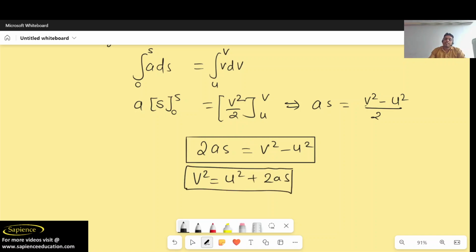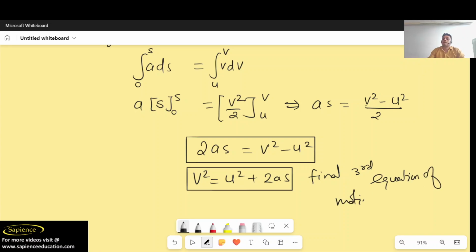This is the final third equation of motion, which I have derived using integration.